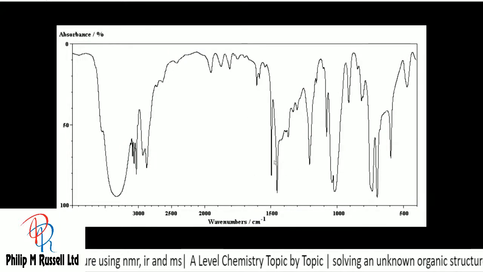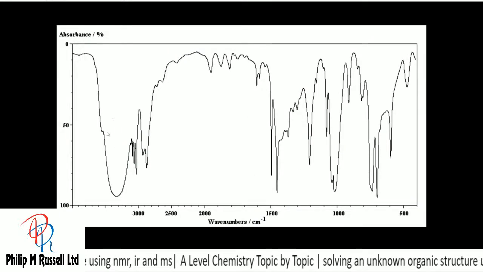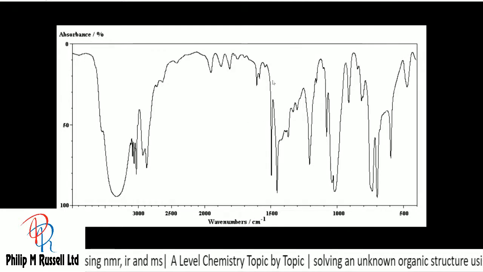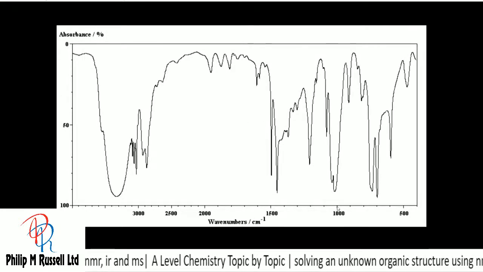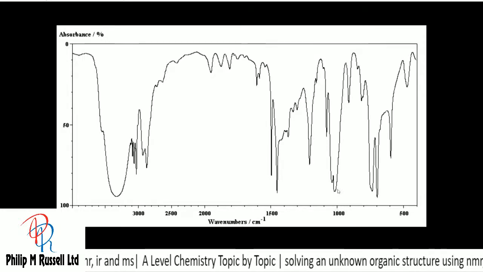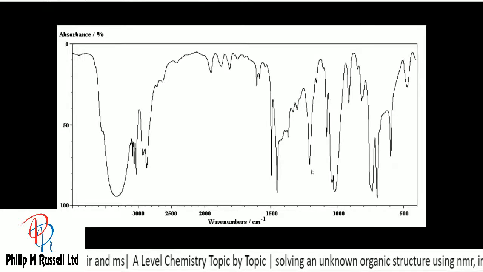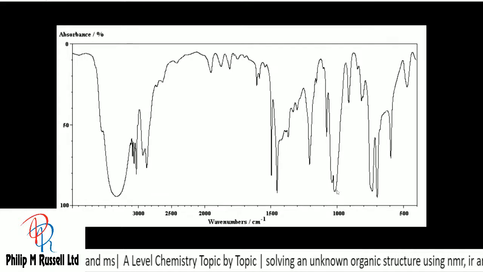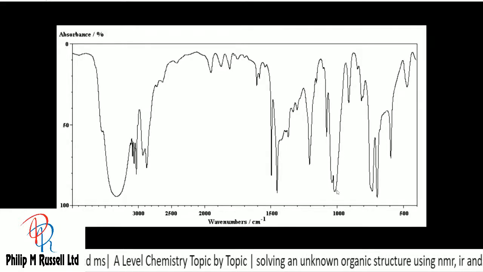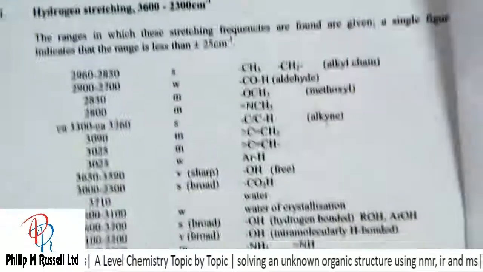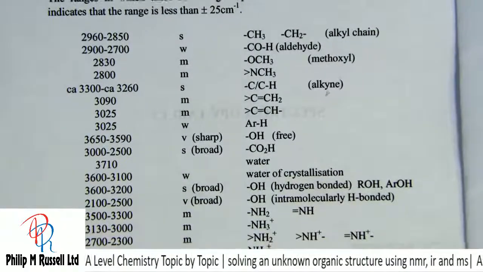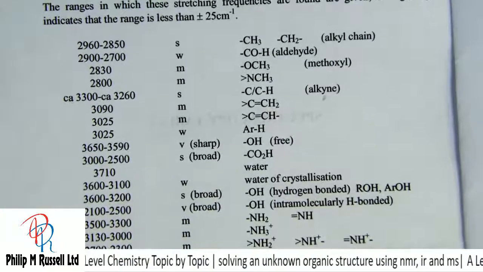So we've confirmed then we've got an OH. We've got a massive peak at around about 1,000. Now, what's that one? Looking at the table, we've got about 1,000.